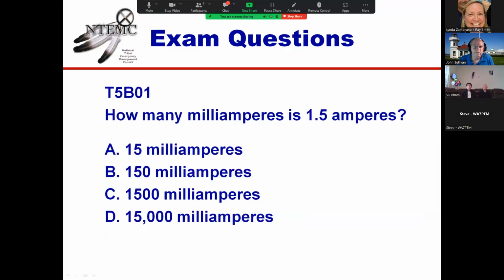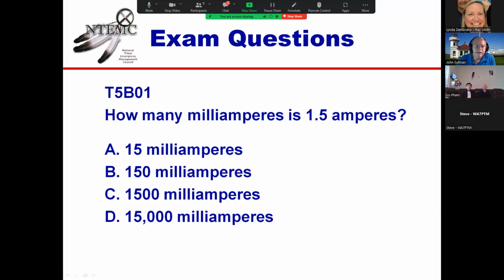Okay, so now we get into the math part, and you'll find there's a number of questions in this pool that deal with the expression of these decimal differences. So how many milliamperes is 1.5 amperes?